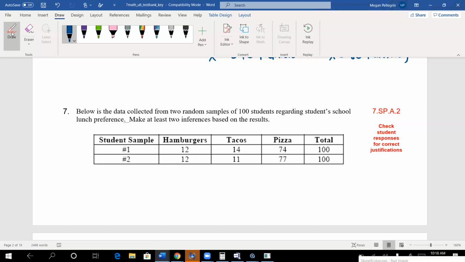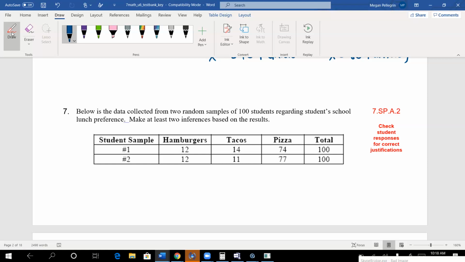You may say, okay, let's look. There is 74 students that preferred pizza out of 100 in the first sample, and in the second sample, there are 77 who preferred pizza. So we could say that more students prefer pizza than tacos or hamburgers.